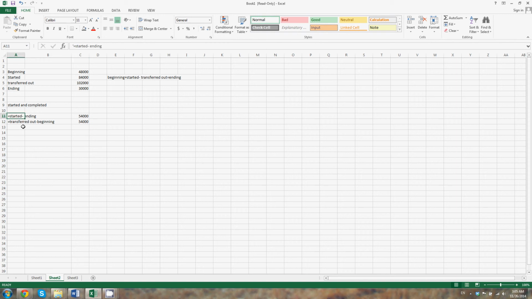Either I do started minus ending. The reason is this: the started and completed account means that we start from scratch and complete all the way to 100%, so we call it the started and completed account. The started account means we start from scratch, from 0%, and it doesn't necessarily mean that we complete the whole thing.